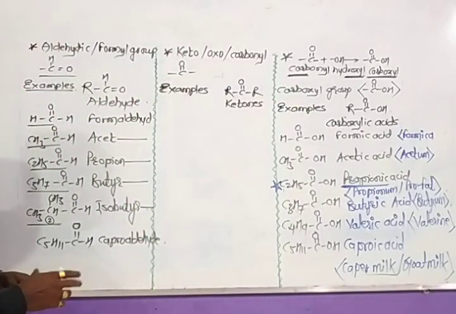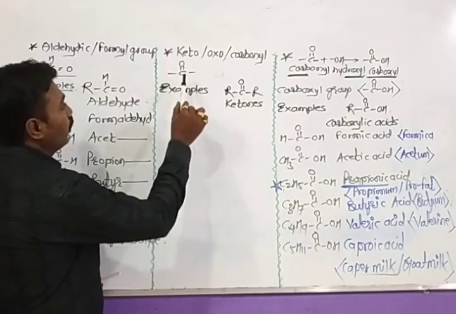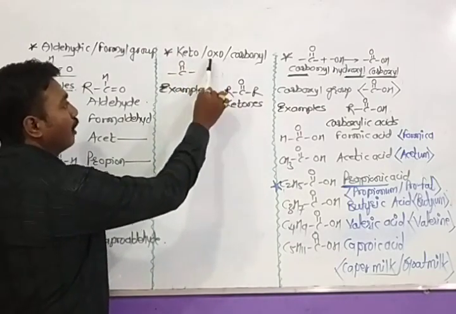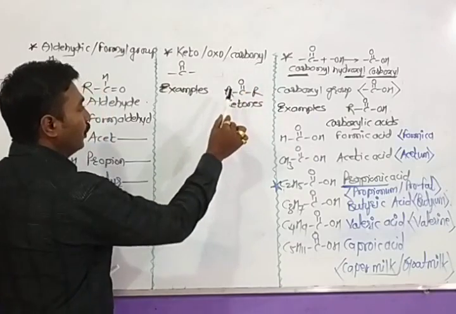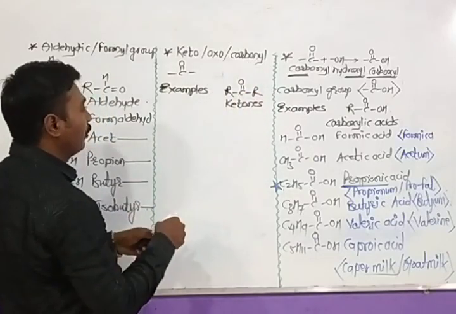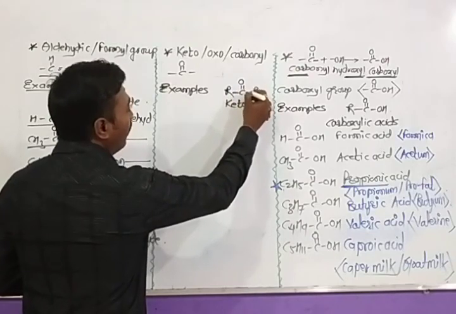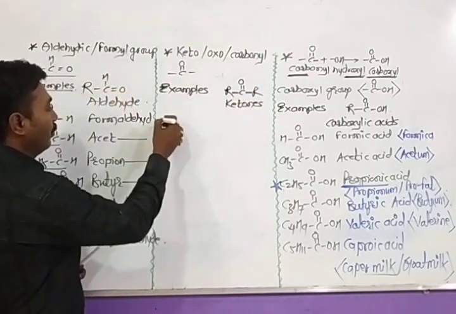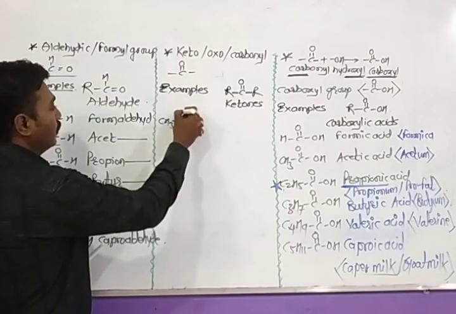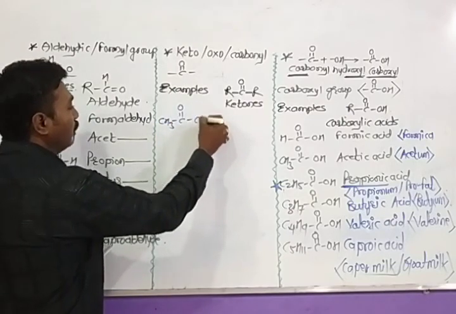Now, for ketones, the functional group is the ketonic group or oxo group or carbonyl group. When this ketonic or oxo or carbonyl group is attached to two alkyl groups on its two sides, a ketone is formed. For example, both alkyl groups are methyl.